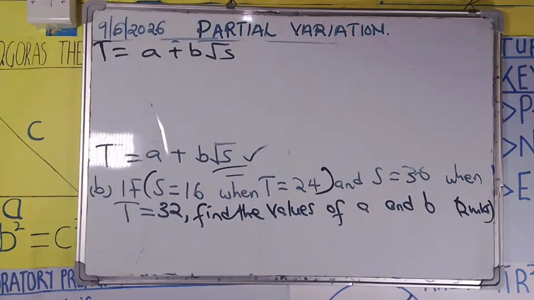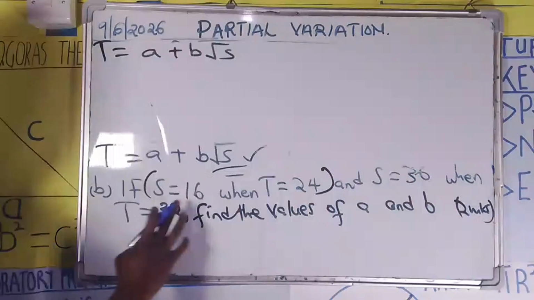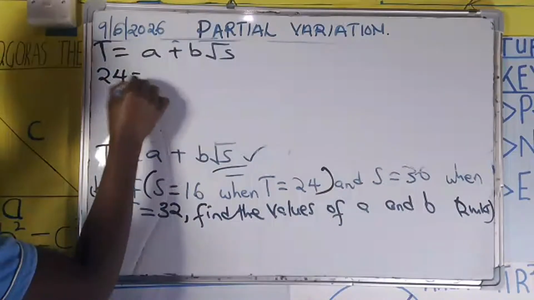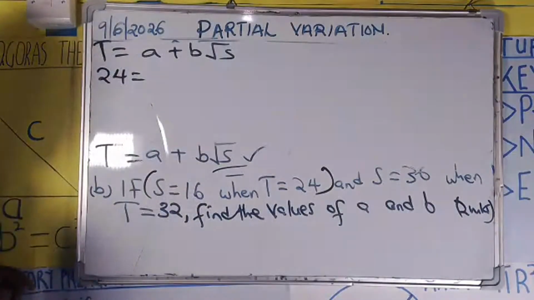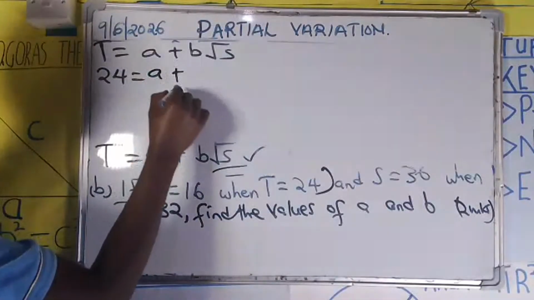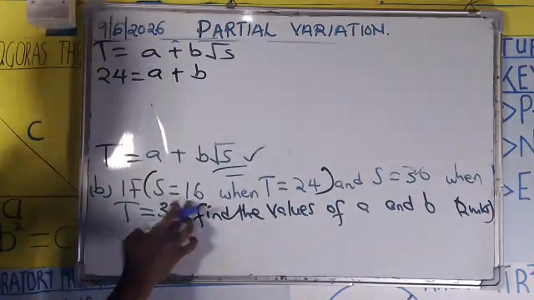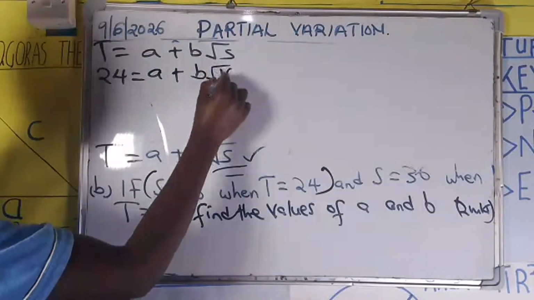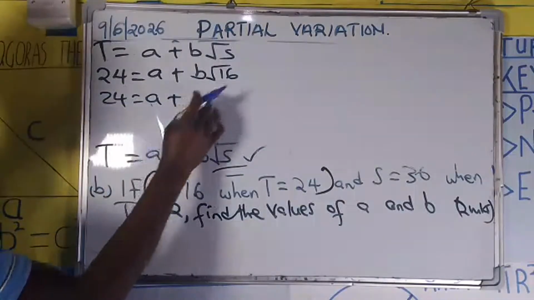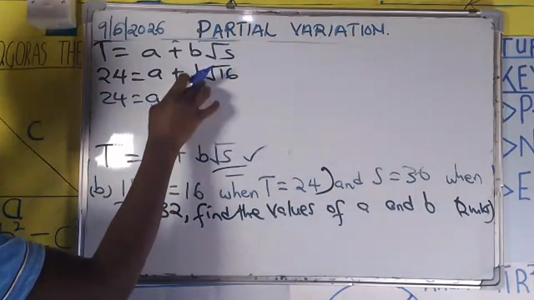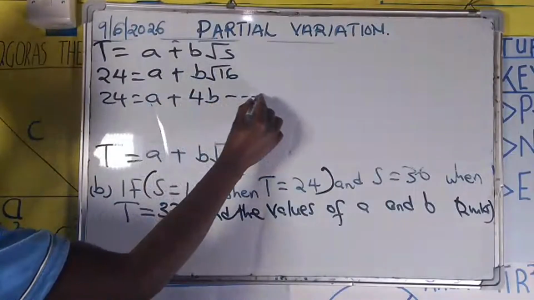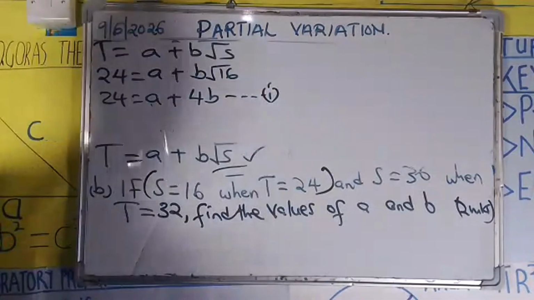Let us continue. If S is 16 when T is 24, 24 equals A plus B square root of 16. So this gives us 24 is equal to A plus root 16 is 4, 4 times B is 4B. And this has given us a linear equation.